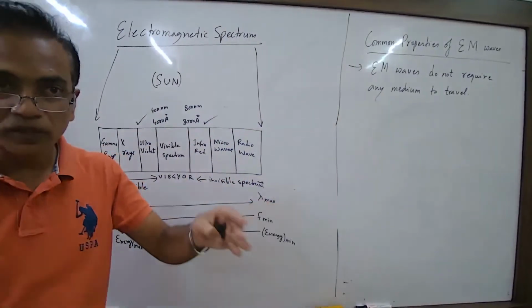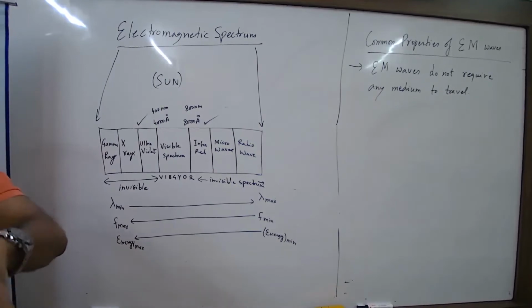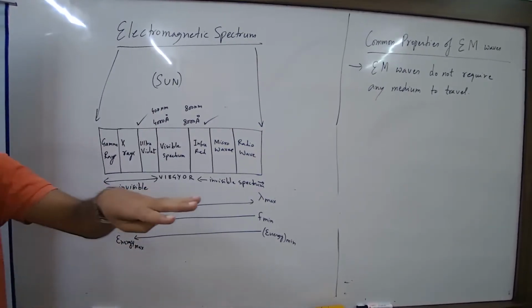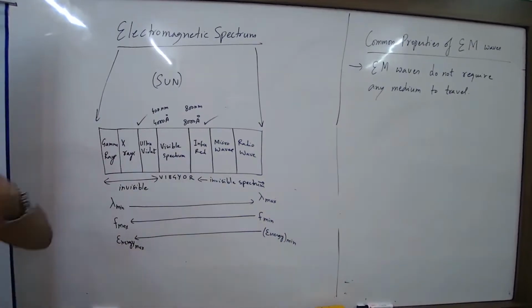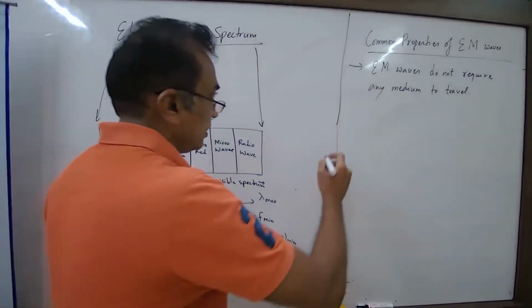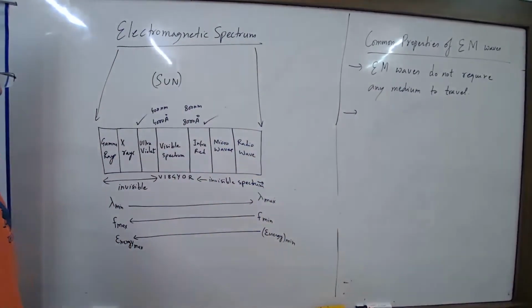Yes, that's why from the sun the light reaches us, so it travels through a lot of space. Space has only vacuum. Our atmosphere consists of air, so it is a gaseous medium, but light crosses so much distance in space and reaches Earth's surface. So EM waves do not require any medium.